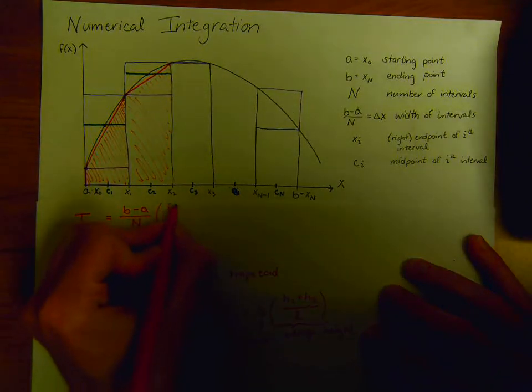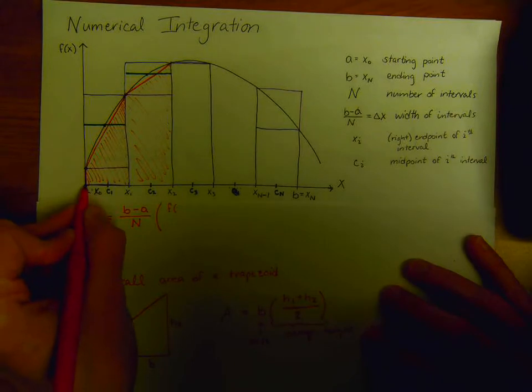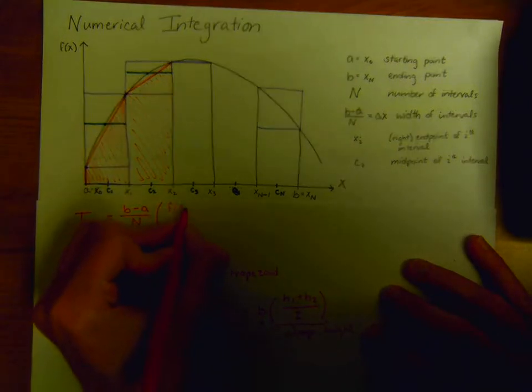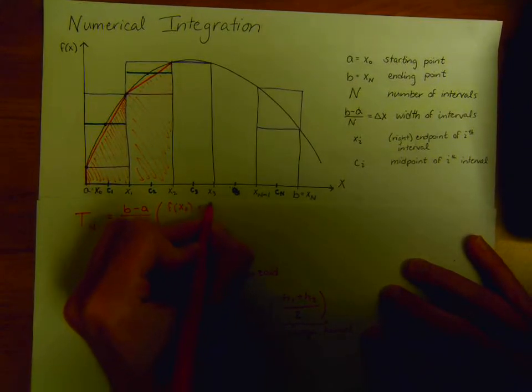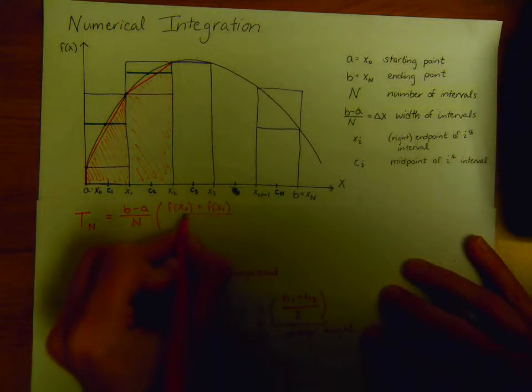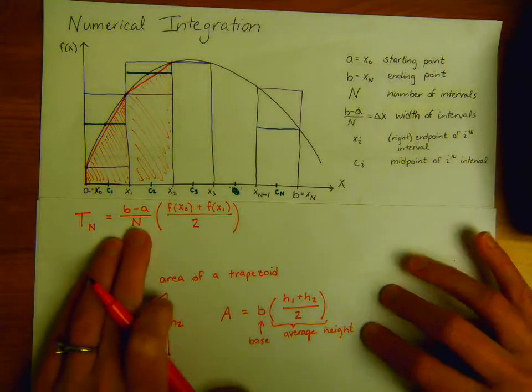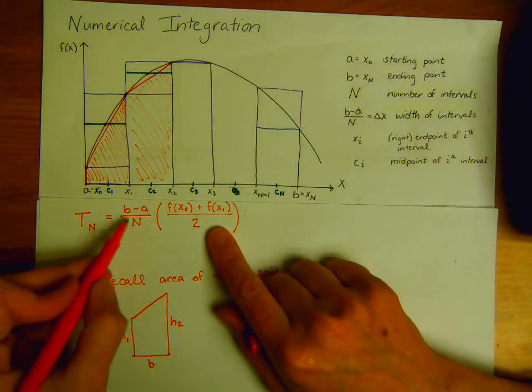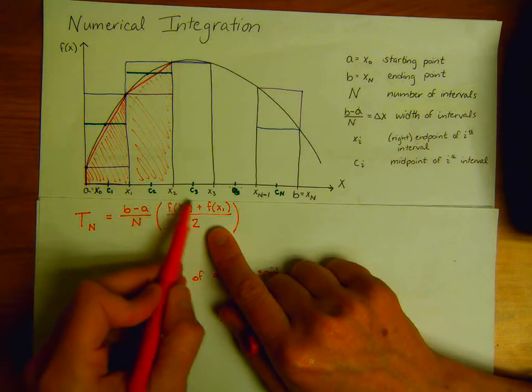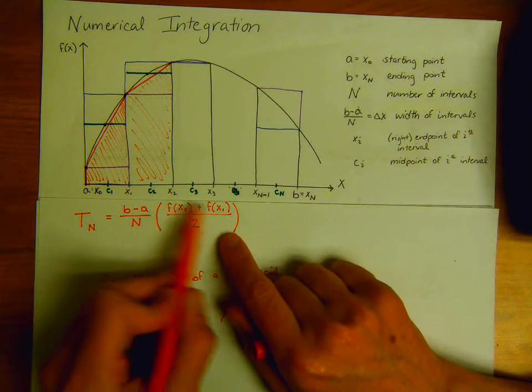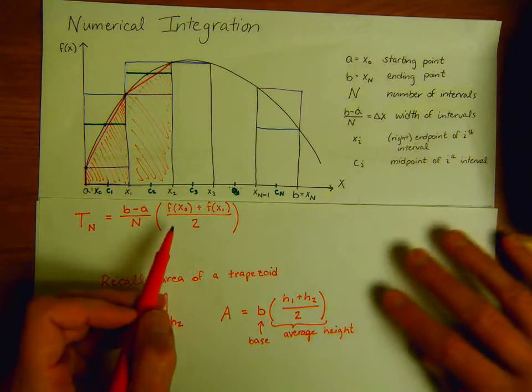So this is x0, I start at 0. So f of x0 plus f of x1, all divided by 2.